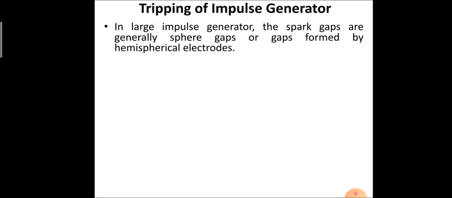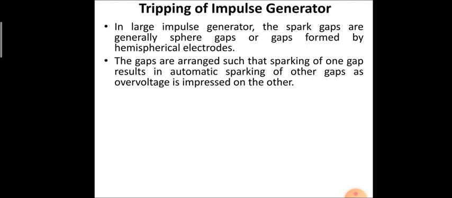In a large impulse generator, the spark gaps are generally sphere gaps. I told you, we can use either the word sphere gaps or spark gaps. They are formed by hemispherical electrodes. The gaps are arranged such that the sparking of one gap results in automatic sparking of other gaps as overvoltage is impressed on the other gap.